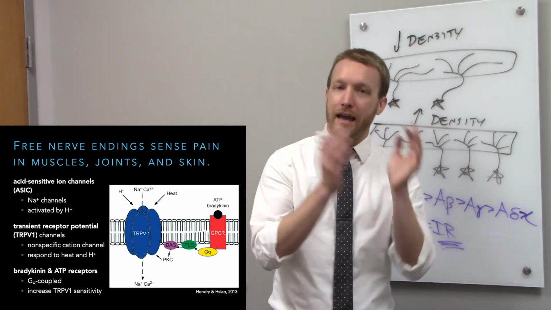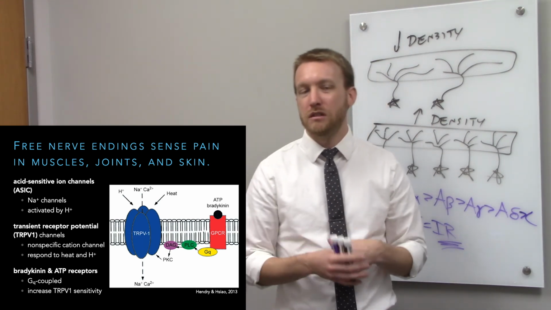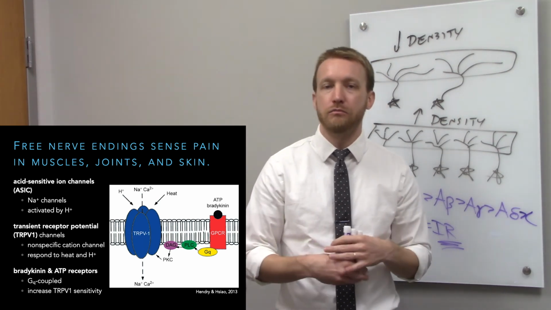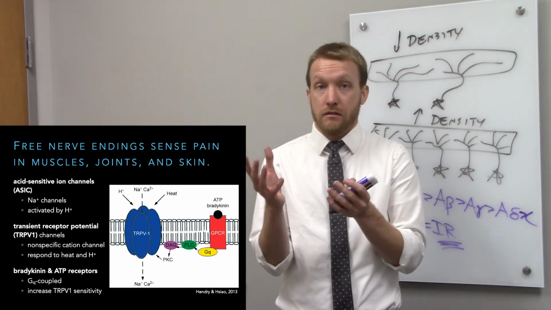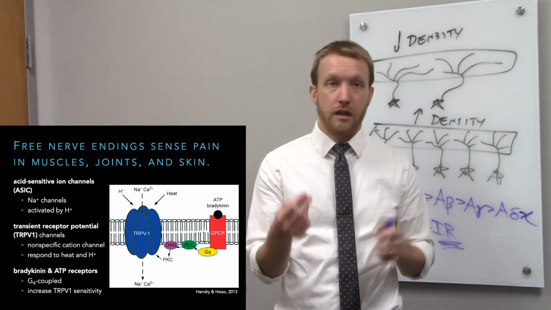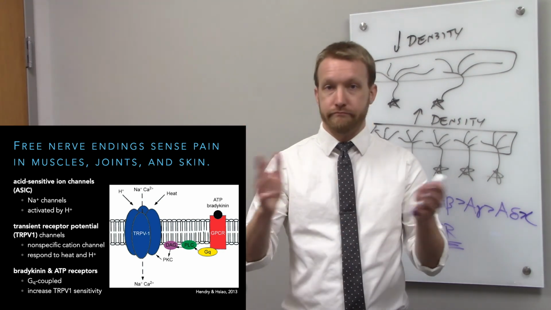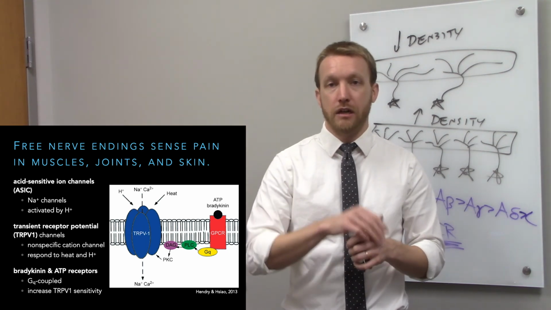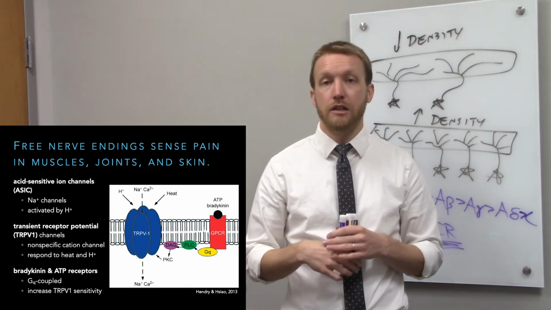Instead, we're using acid sensing ion channels, and these are mostly sodium channels, but they'll move some other cations. They're excitatory. They'll sense acid. If there's a drop in pH, they're stimulated. TRP channels. These are non-specific cation channels that are sensitive to changes in pH and heat.